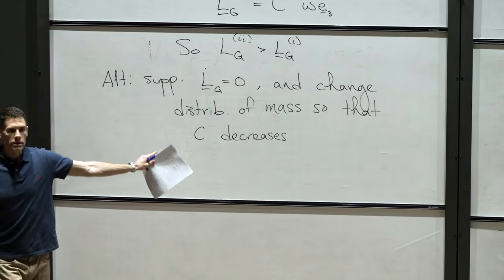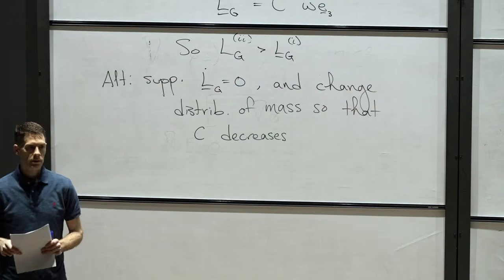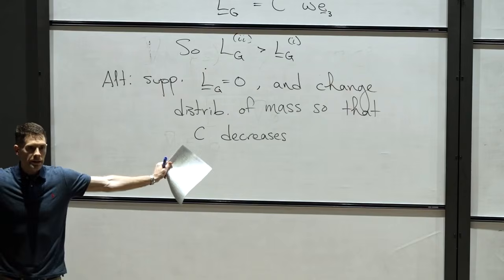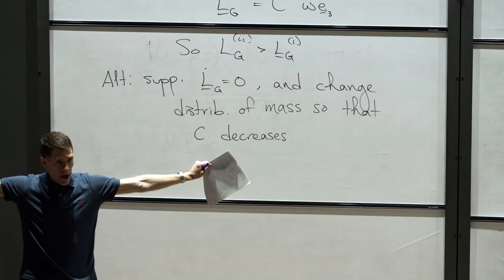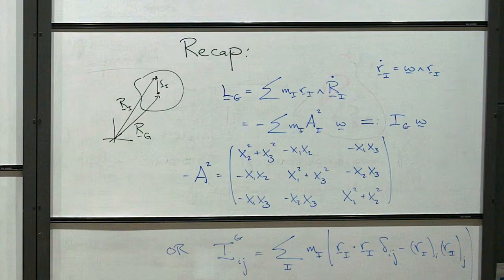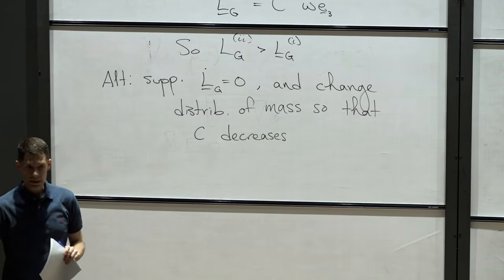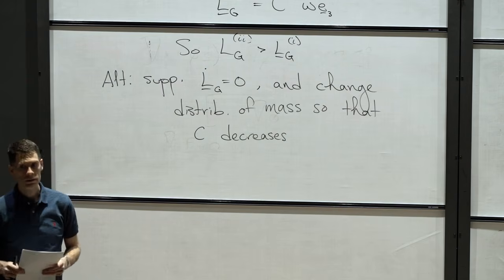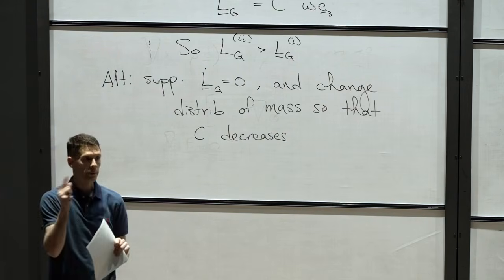What I'm imagining here is an ice skater. An ice skater is doing a spin. So they're spinning. Suppose there's not much torque. And the ice skater tucks their arms. They're spinning around that axis. More mass outward. Tuck the arms. I'm bringing the mass inward, which means the x1 squared plus x2 squared goes down, which means that element C goes down. LG dot is 0, so LG isn't changing. But C has gone down, so what happens to omega? Omega goes up, which is what happens. Ice skater tucks their arms, spin faster.